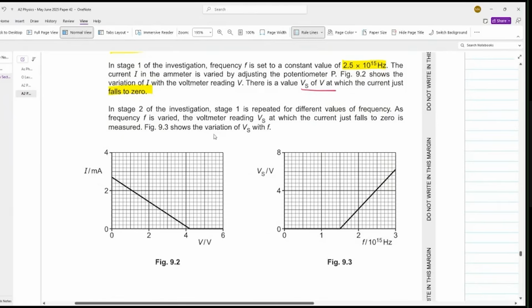Here you have it. In stage 2 of the investigation, stage 1 is repeated for different values of frequency. So we are doing the same experiment but for different values of frequency. As frequency is varied, the stopping voltage Vs at which current just falls to zero is measured, showing the variation of frequency with voltage.